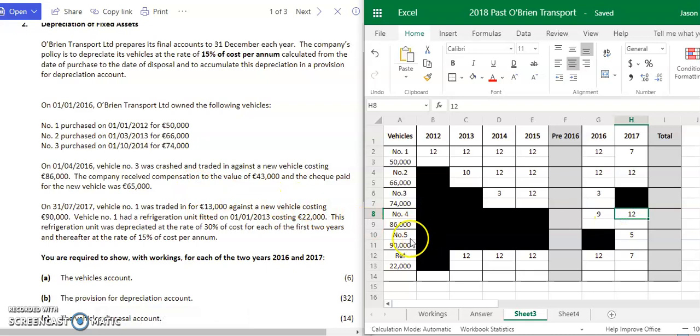And then vehicle number 5 was with vehicle number 1. We bought it on the 31st of 7th, so we have it for 5 months depreciation. And then remember the refrigeration unit as well. We have it for 4 years. We didn't get rid of it until 2017 because it was linked to vehicle number 1, and that was crashed on the 31st of 7th, 2017.